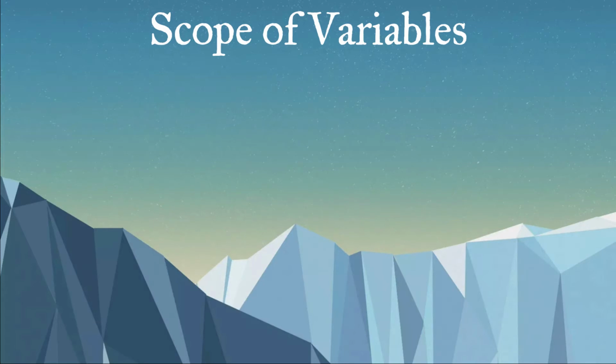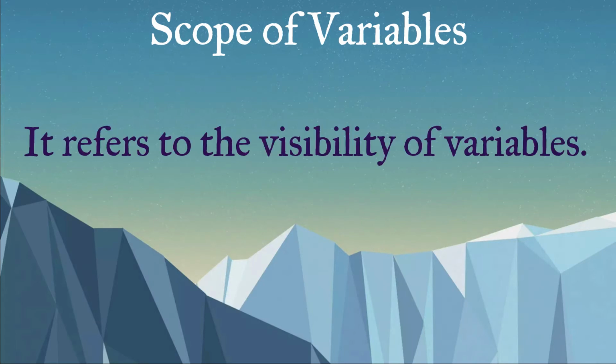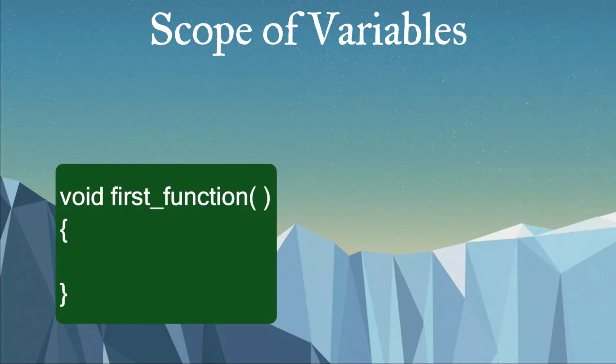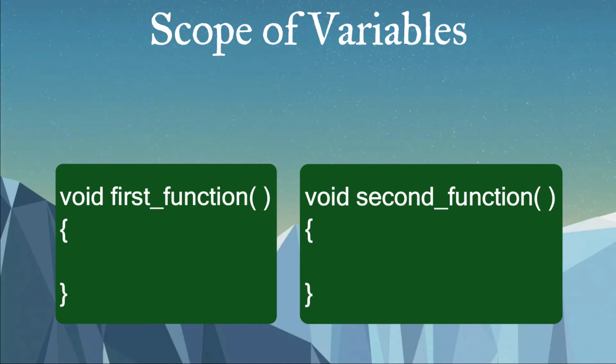Have a quick look at the scope of variables. Scope refers to the visibility of variables. In other words, which parts of your program can see or use it. Let us consider two functions, first function and second function.